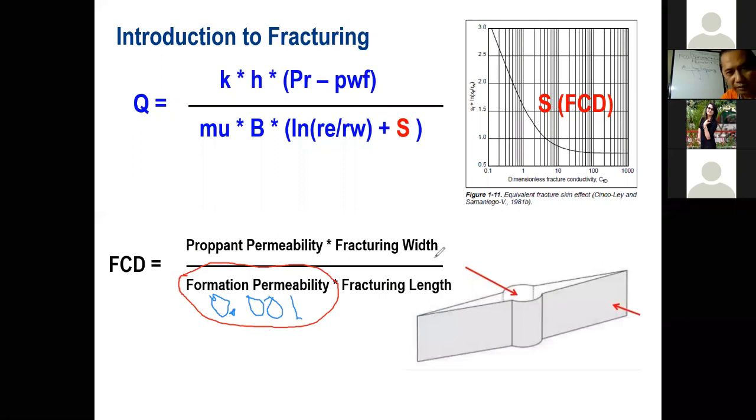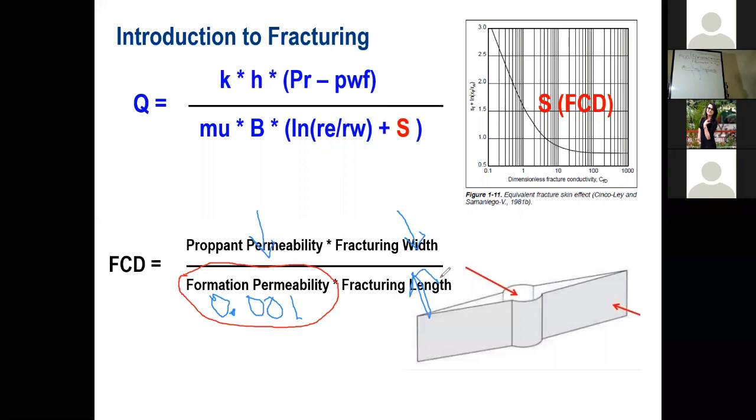What does it mean? In this particular case, because it's very easy to get a high FCD when you deal with a very low permeability reservoir, your proppant permeability can actually be low. Your fracturing width can be a bit less, and your length can be very long.